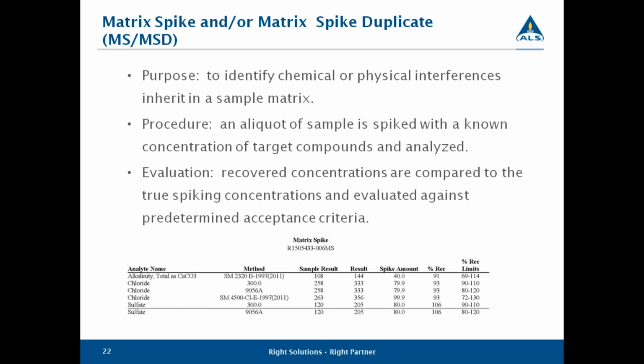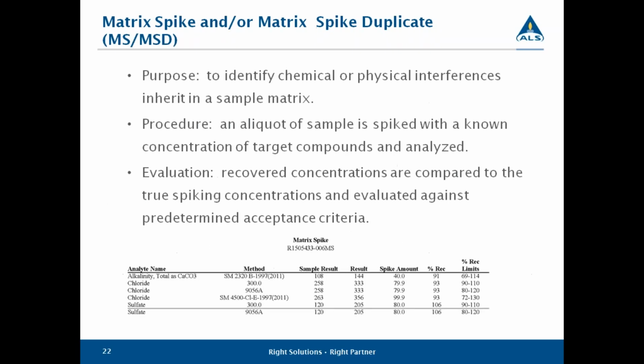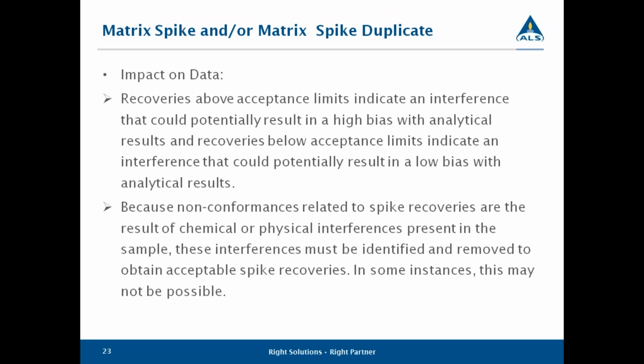Here we see some inorganics. We see some good recoveries. So this is a very useful tool. What's it telling us here? Recoveries above the acceptance limits indicate an interference that could potentially result in a high bias with analytical results. Recoveries below acceptance limits indicate an interference that could potentially result in a low bias. This is telling you a lot. If you're out of range here and all other quality control parameters are good, like the method blank and the LCS and everything else, and the calibration criteria, there's something going on in your sample.